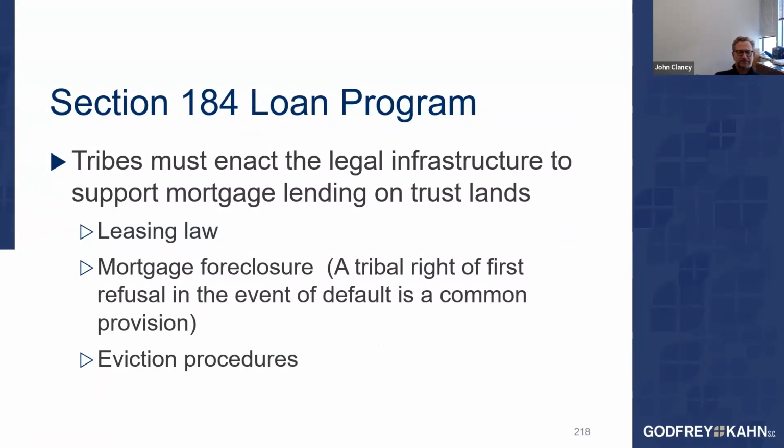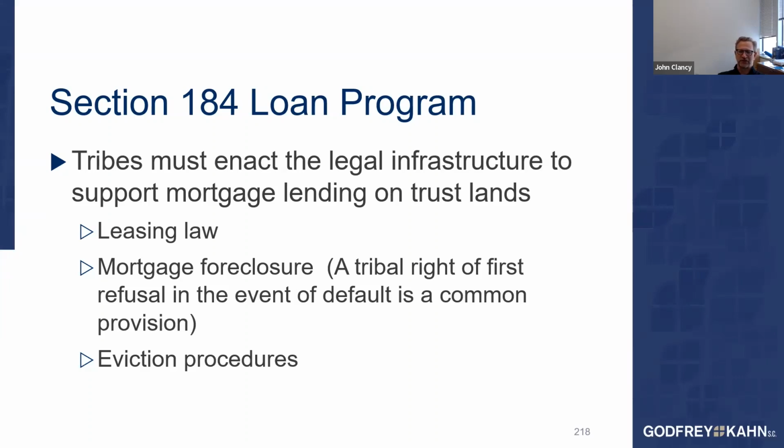I'm sorry, there's also another key element to this program. The other key element is that the tribe needs to enact a legal infrastructure, put in place ordinances basically to support mortgage lending on the trust lands. And the biggest issue here is really the ability to foreclose.